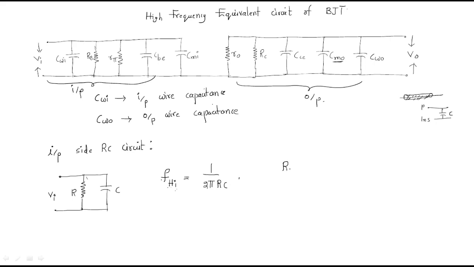So R, I can write like this. Here R means RB, we have two resistances, RB and RS, both are in parallel. So RB parallel to RS. So this represents the R value. What is the C value? C is CWI and CBE, CMI, both are connected in parallel.